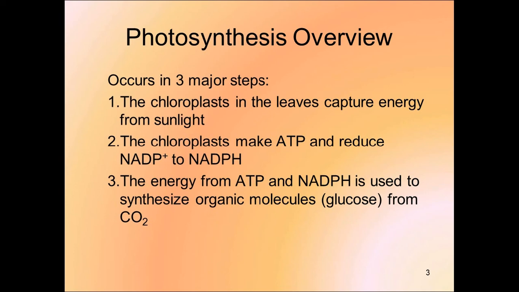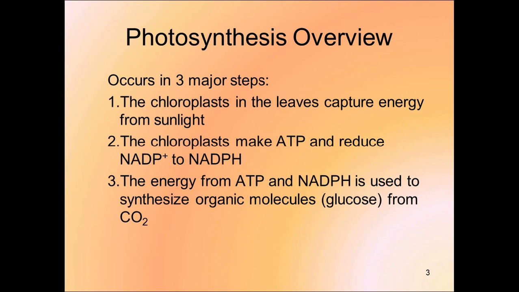What happens for the NADPH molecules to be created is the chloroplasts have to take the NADP molecule and add a hydrogen ion to them. When NADP plus hydrogen occurs, NADPH is created. This is called a reduction reaction, or you would say that NADP has been reduced.